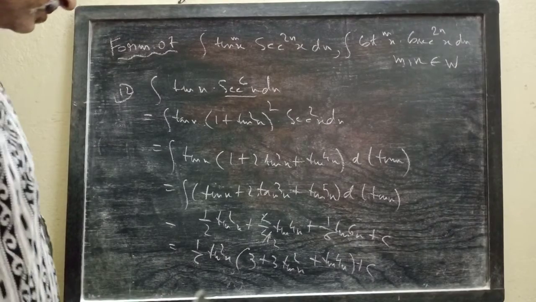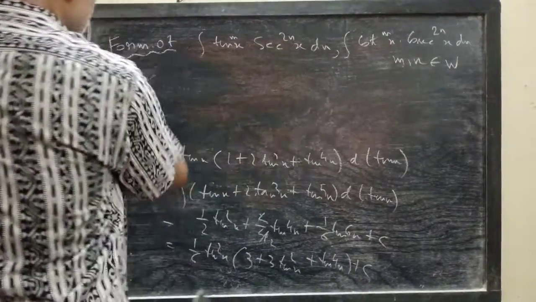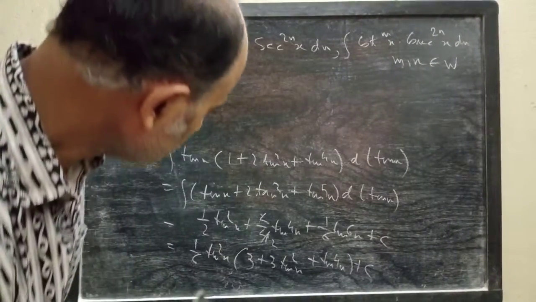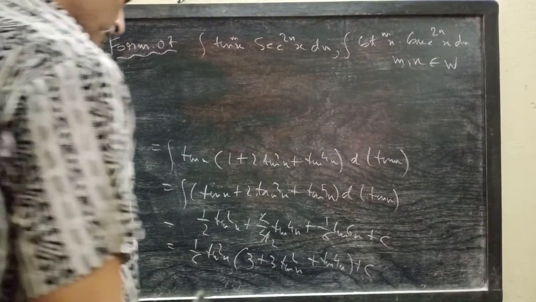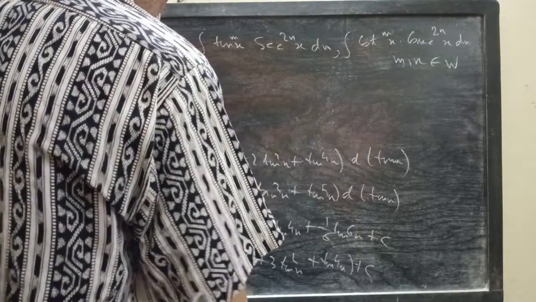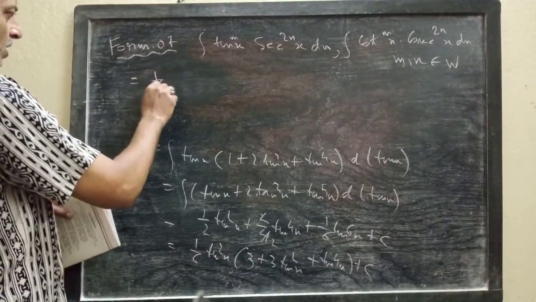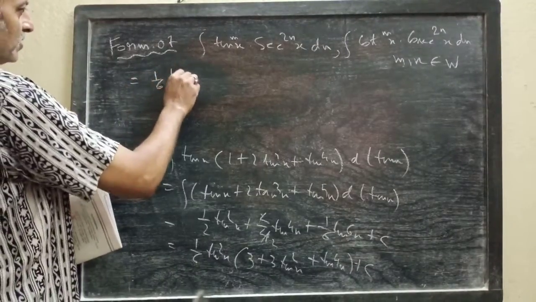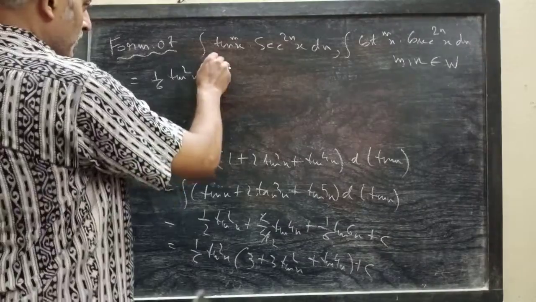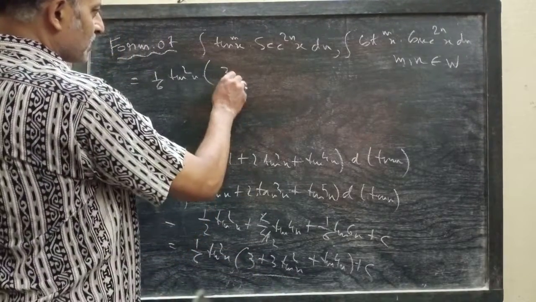Next, let us use this. One by 6 tan square x. If we take 3 common, this becomes 3 sec square x.